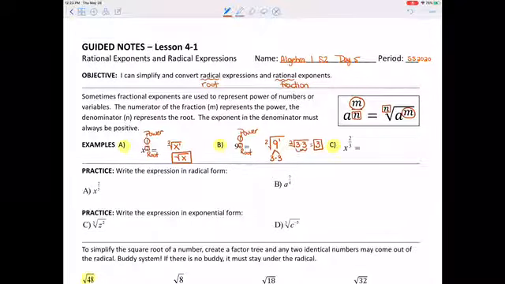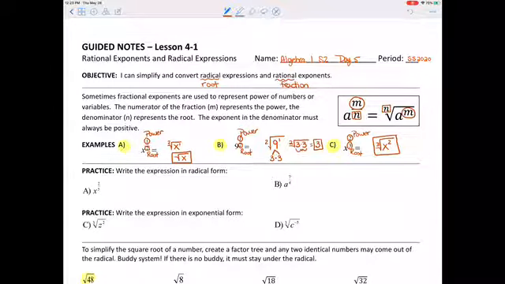Let's look at example C. The 2 is our power, and the 3 is the root. X is the base. We're going to raise it to the second power, and then we're going to take the third root. And that would be in simplified form. For your independent practice, I would like for you to try A and B. C and D are going backwards.